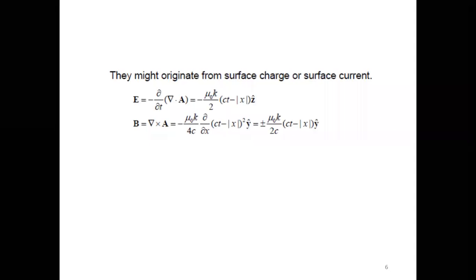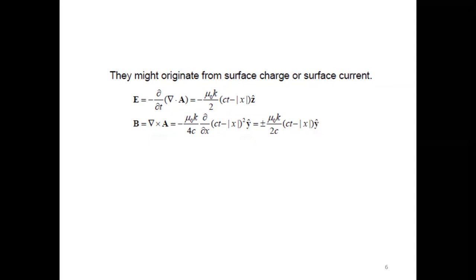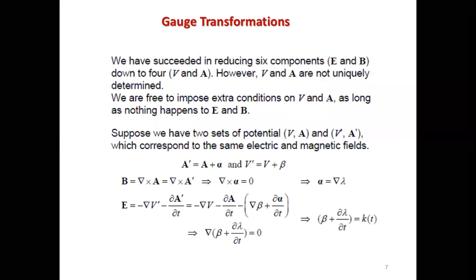Surface charge or surface current are basically the current produced due to the charged particles which exist on the given surface. Okay. So using this fundamental relation, if there is a charged particle, there will be a vector potential which gives you the electric field, and that gives you the magnetic field also. So this is one of the reasons.